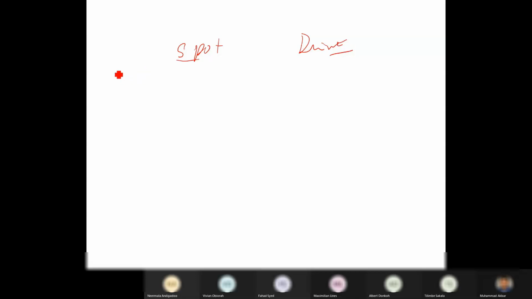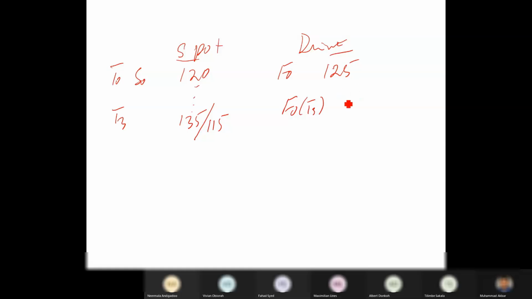If today, that is T naught, the spot price is 120 and the forward price is 125, no matter what happens in 3 months time, even if the stock price is 135 or 115, the forward price remains the same, that is 125.